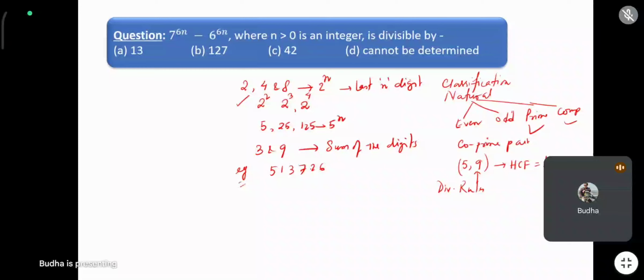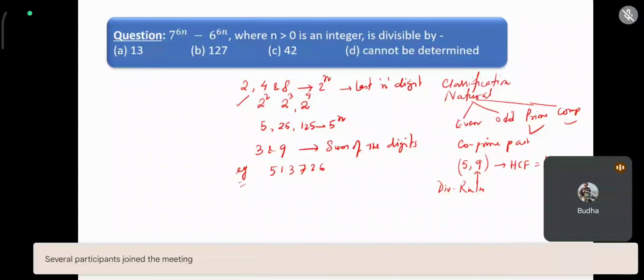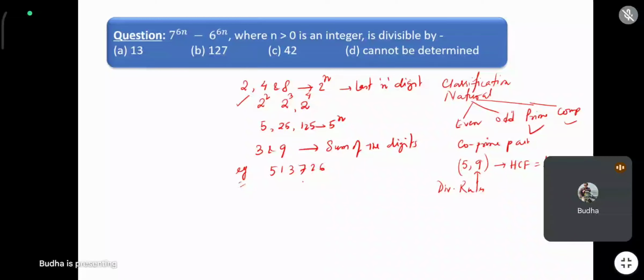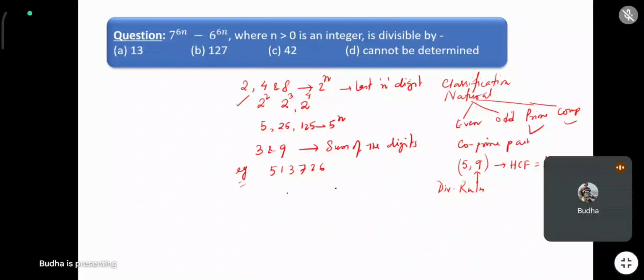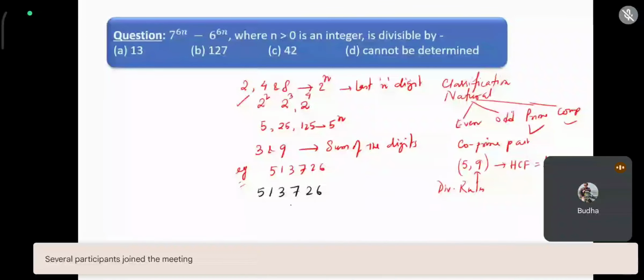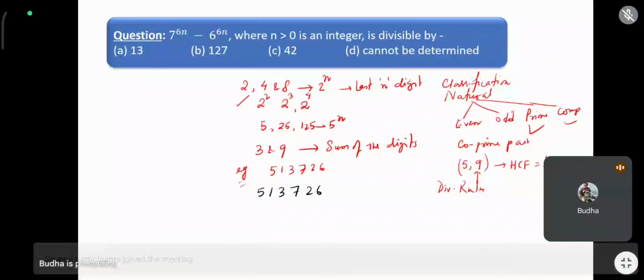How to check without taking the summation? This is one additional shortcut. Okay, you can apply this wherever required. Let me keep the original number as it is, and I'll try with different ink so that you can understand the difference. So I have the number 513726. I will be solving something like this.